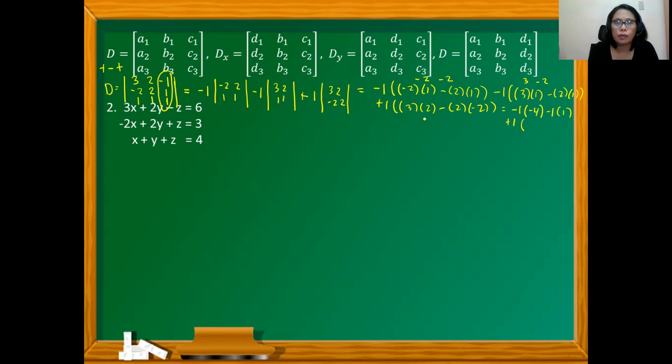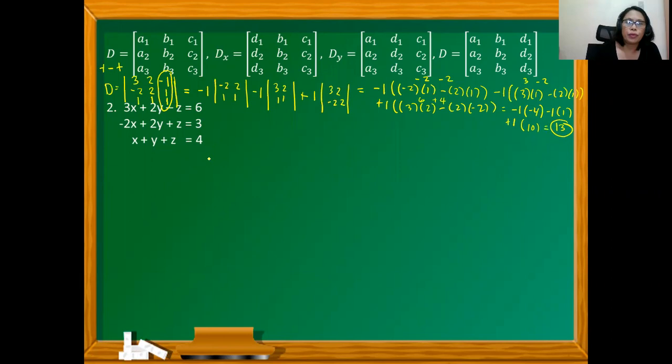So we have, this is 6 and this is plus 4. So this is 1 times 10. So D is equal to 13.